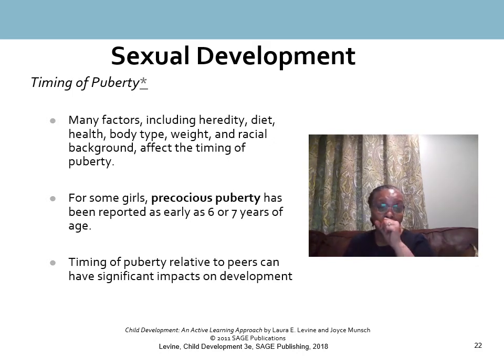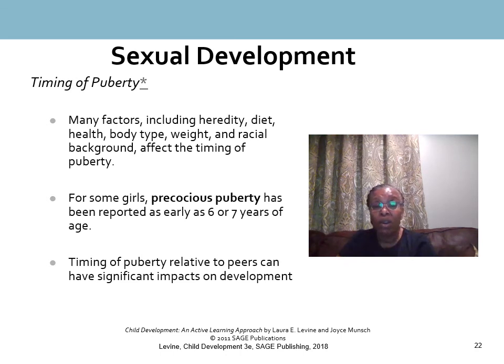All right, so a lot of factors, as I mentioned already for growth, hold true in terms of our sexual development. We have environmental factors just as well as genetic.